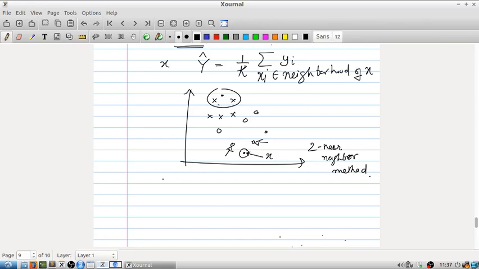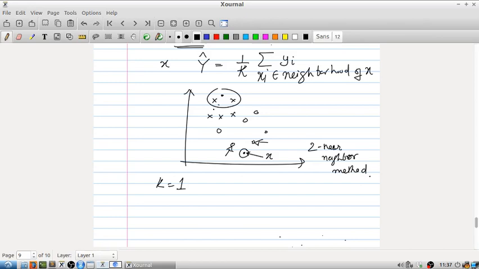In this example I took k equal to 2. So what happens if k is equal to 1? It will only look at the one nearest point. Maybe one of these two x's is the nearest, and it will just take that.